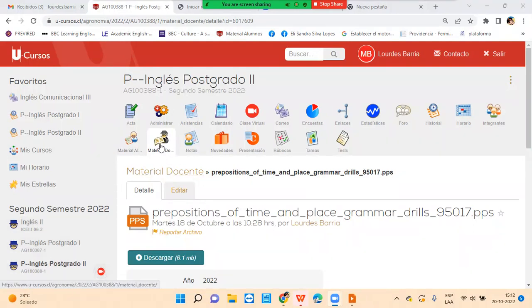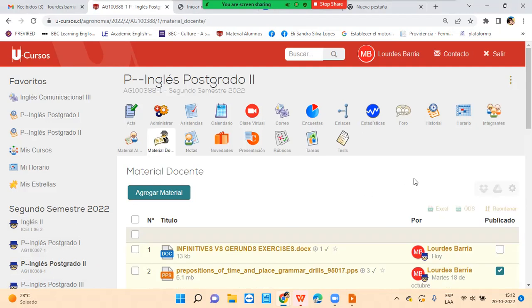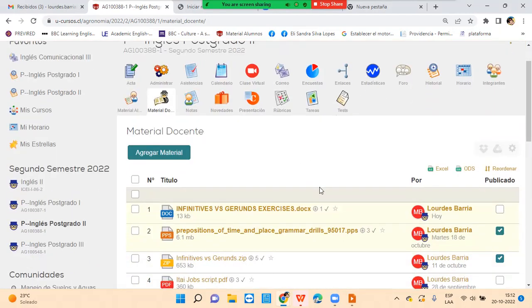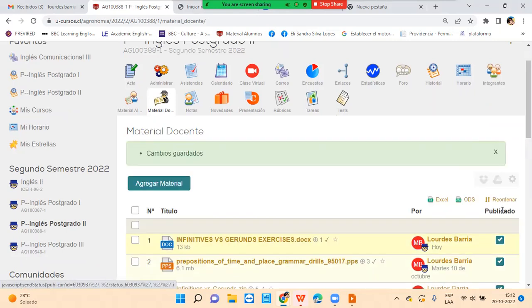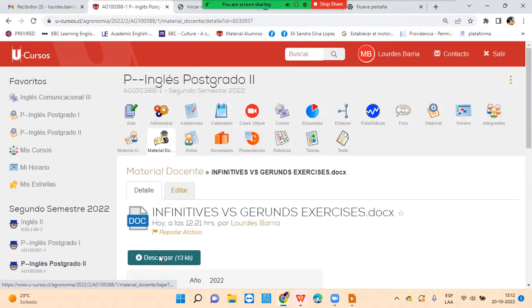Do you remember that? Yes, okay. We are going to do some exercises of that before starting with the material I prepared for today. Please go to Material Docente, infinitives versus gerunds exercises, okay?